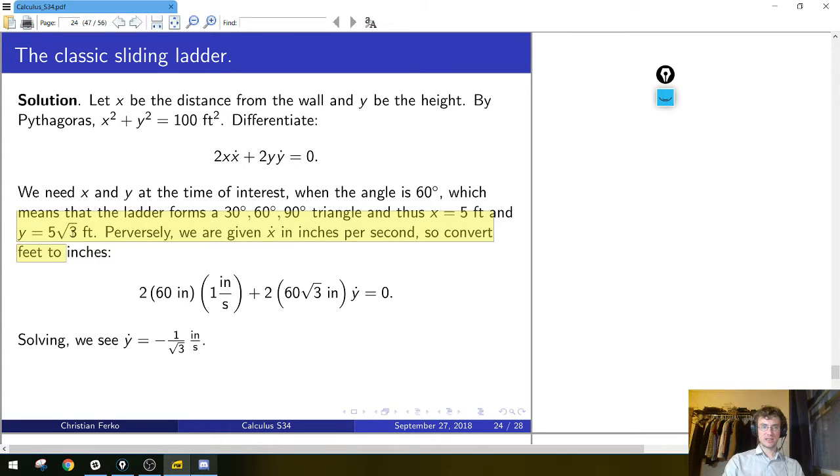So we found y, which I think you called h, was 5 root 3 at the time of interest. We plug that in, but when we solve with this technique, you get a minus sign. y dot is minus 1 over root 3 inches per second. So that's manifestly the correct answer because it should be negative.